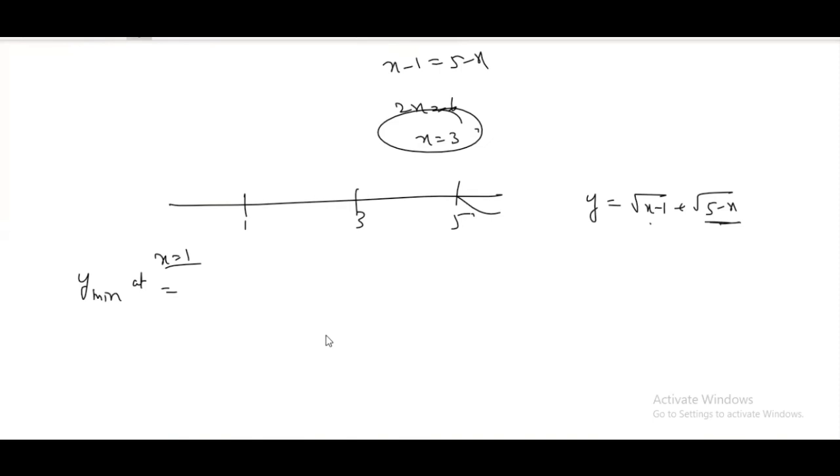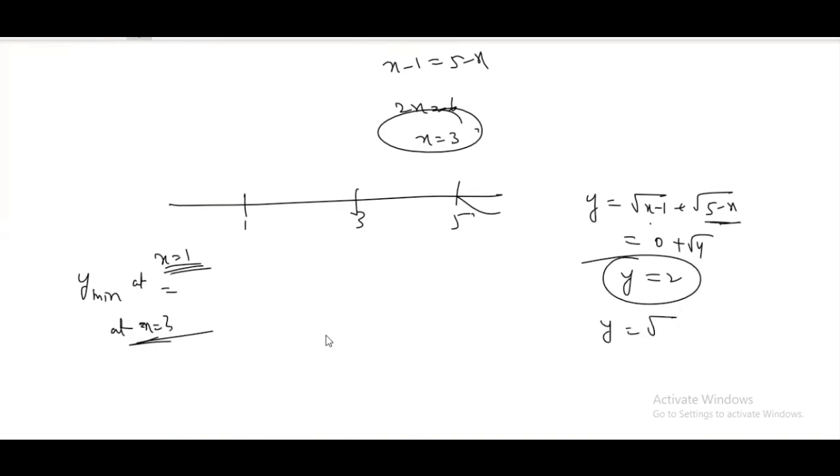At 1 particularly, it will become 0 plus root 4, which is 2. Y value is 2. At 3, y is equal to root of (3 minus 1), which is root 2, plus root 2, so 2 root 2.